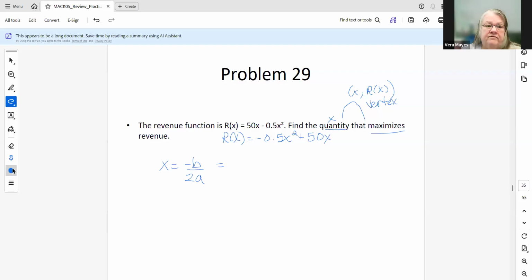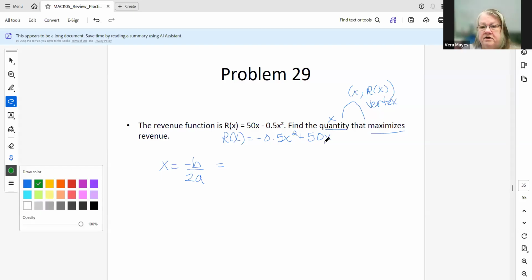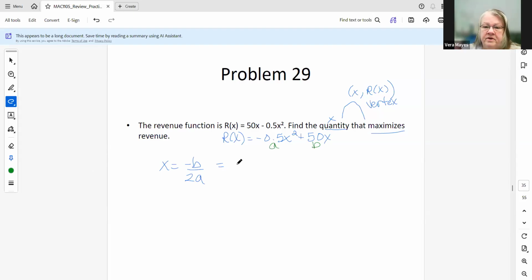So let's go ahead and find our A's and our B's. So here's our A, here's our B. Let's plug them in. That gives us negative 50 over 2 times 0.5. This is a negative 1.